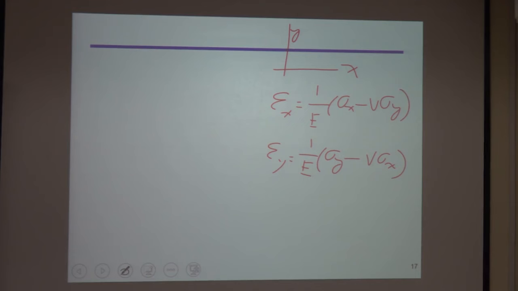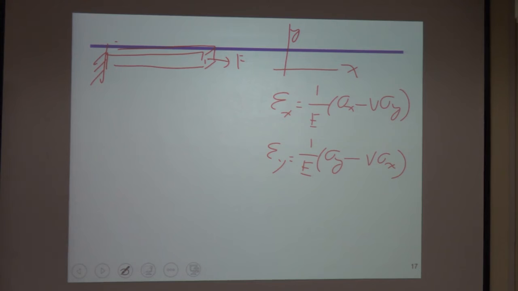Before we continue, let me define something. If we have a wire, we fix one end and apply force at the other end. If you apply a force to this wire, it will become longer.